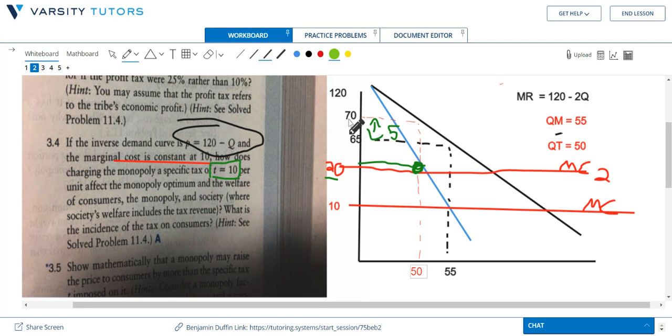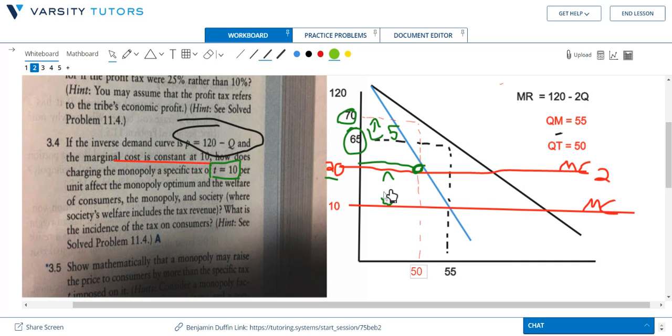If we know the price went up from $65 to $70, we know the consumer is bearing $5 of that cost, while the producer's personal cost increased by 5 as well. That 5 isn't represented so well here because that's just the marginal cost. It doesn't fully reflect the total cost faced by the producer.